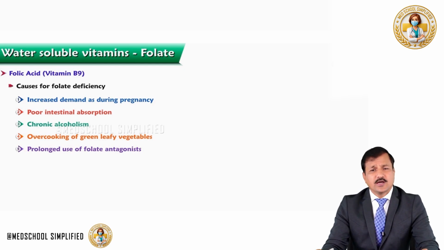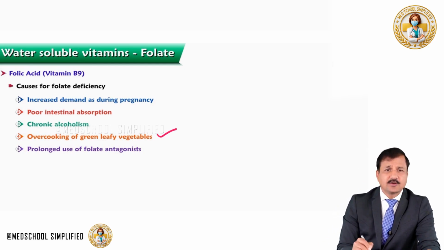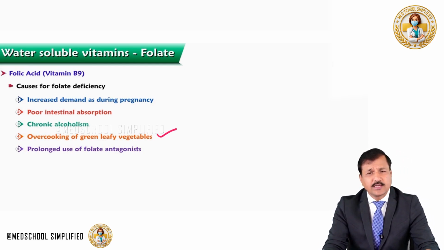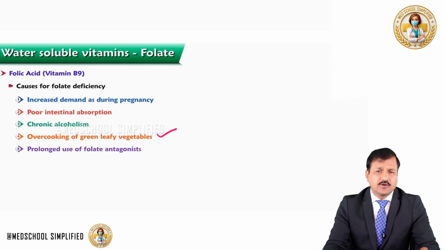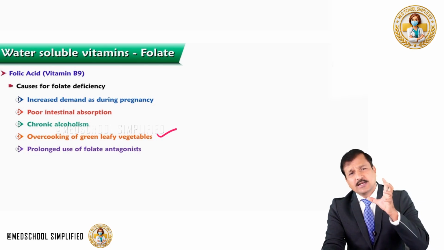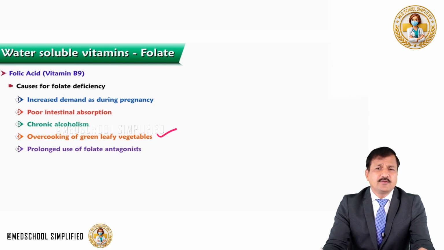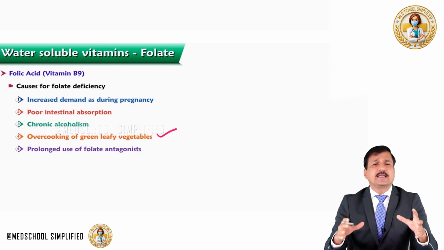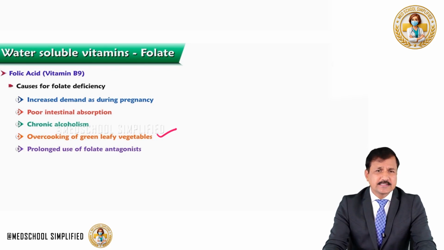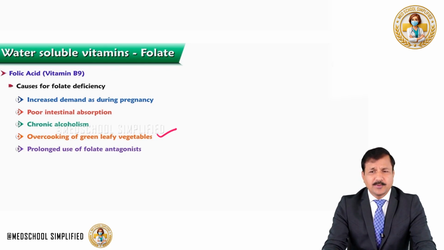And overcooking of green leafy vegetables is one of the important causes for folic acid deficiency, because green leafy vegetables are a rich source of folic acid. Whenever green leafy vegetables are overcooked, basically pressure cooked, the active folic acid decreases, thereby putting a person at risk of folic acid deficiency.